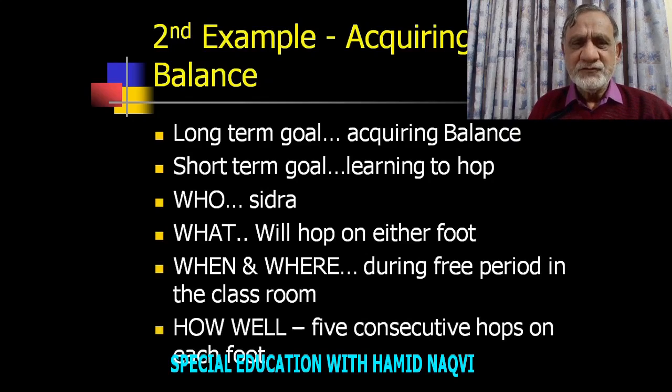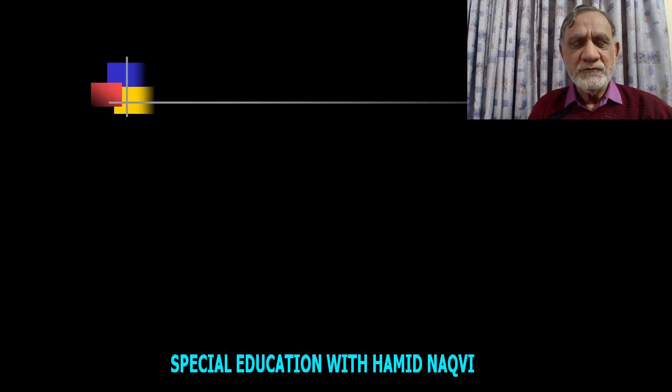So the main thing is who. The child's name is Sidra. What? She will hop on either foot. One foot up, the other foot up, she would hop. Where and when? During the free period in the classroom. How well? 5 consecutive hops on each foot.